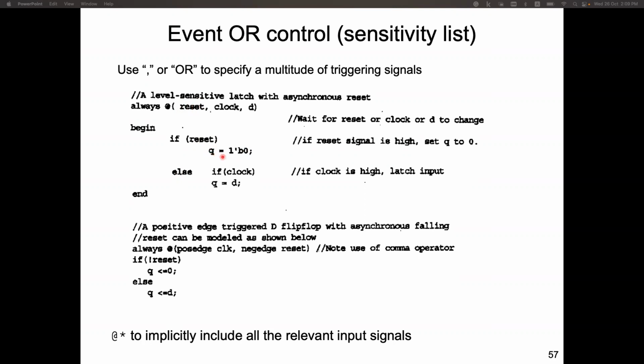So this reset is asynchronous. It does not need to wait for a clock signal. So this is an asynchronous reset. Else, if reset is not true, and if clock is high, we execute this statement, assign D to output Q. This is not a flip-flop, it's a latch, therefore level sensitive. If clock is high, then assign this.